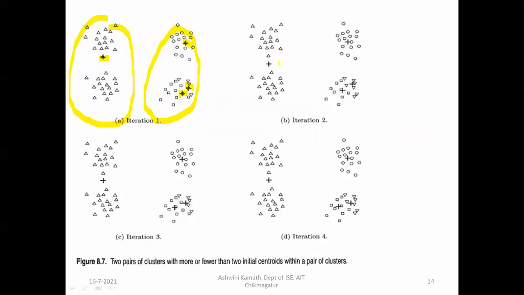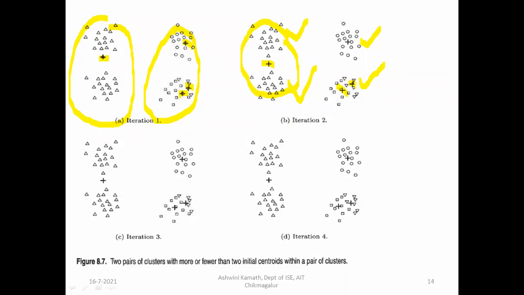If this is the case, what happens? For these two, it will consider only one centroid. The two data are getting merged here. This is one cluster actually, this is another cluster, but it has combined these two clusters. Now here also you can notice this is one cluster, this is another cluster, but here we have two different centroids.